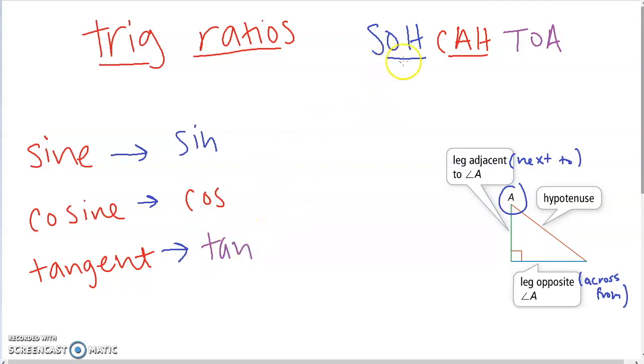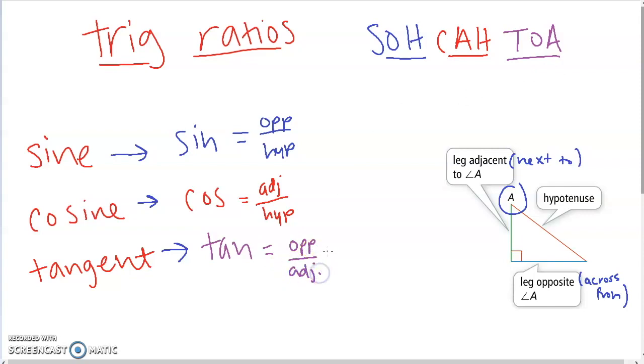SOH represents the ratio for sine. Sine is the opposite side over the hypotenuse. Sine is opposite over hypotenuse. Cosine is the adjacent side over the hypotenuse. And TOA, or tangent, is the opposite side over the adjacent side.